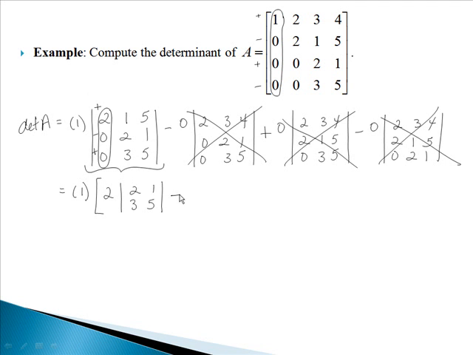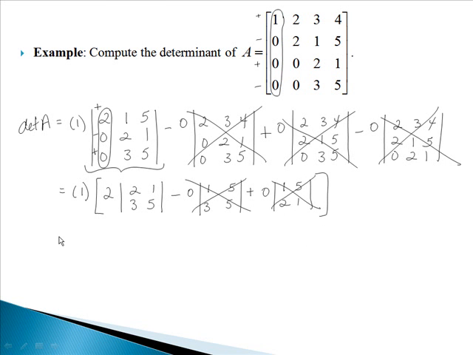So I'm going to subtract 0 times my matrix here from eliminating the second row and first column, then plus 0 times my matrix when I eliminate the third row and the first column. And notice again that these zeros, we can essentially eliminate them, so we don't need to worry about that work.